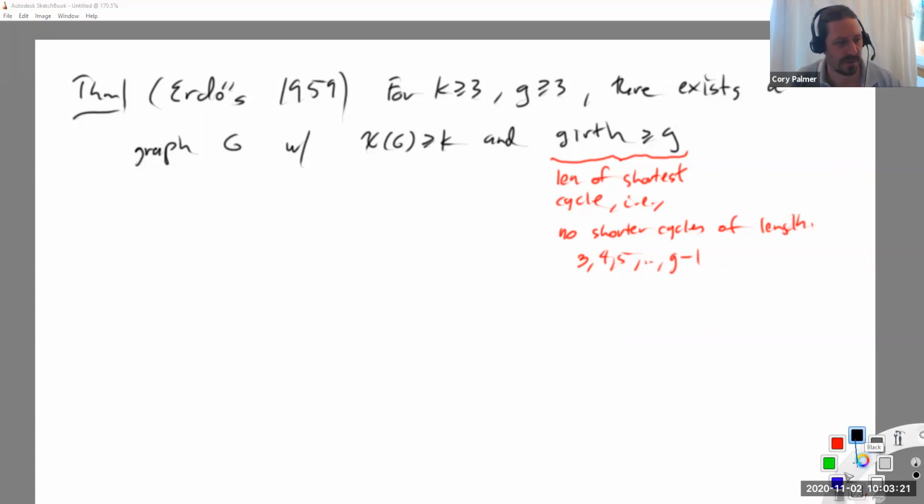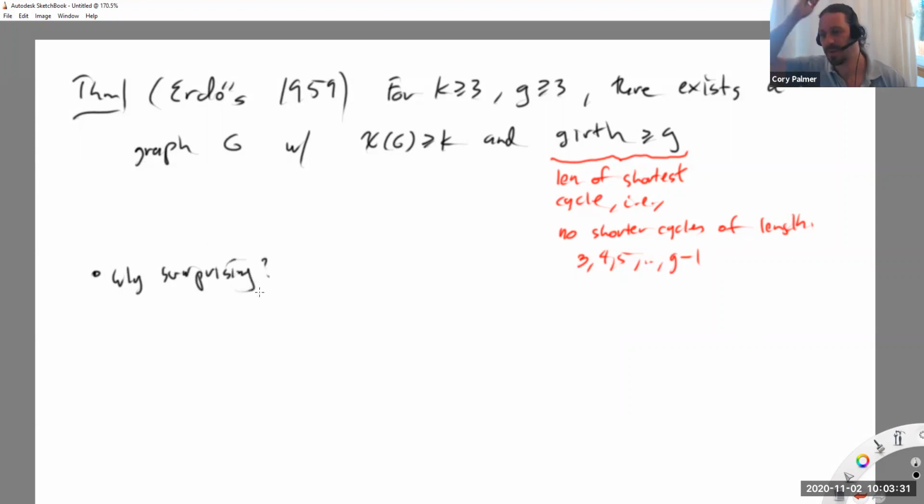I discussed it a little bit last time, but why is this surprising? Well, it's surprising because the graph is locally sparse. What does that mean?